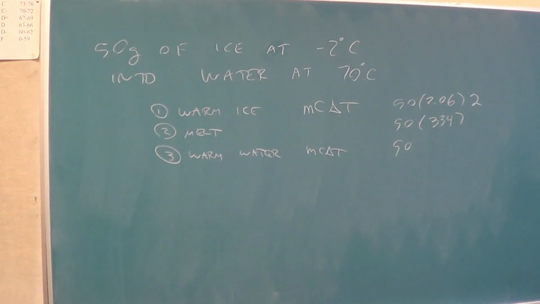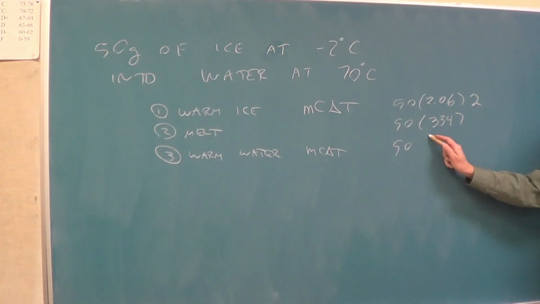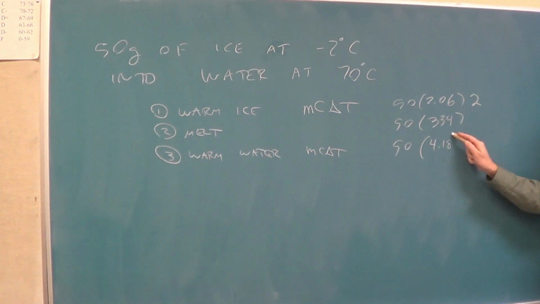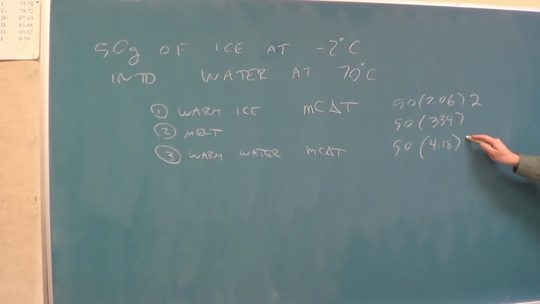And I think they put ice in parentheses, didn't they? Yeah, so the one that they have ice in parentheses may help us out. They didn't put steam in parentheses, but if they put ice on the one, you know steam is on the other side. Warming up water, what's the number for water? 4.18. And how much is the water temperature change for this story based on our Mad Lib?